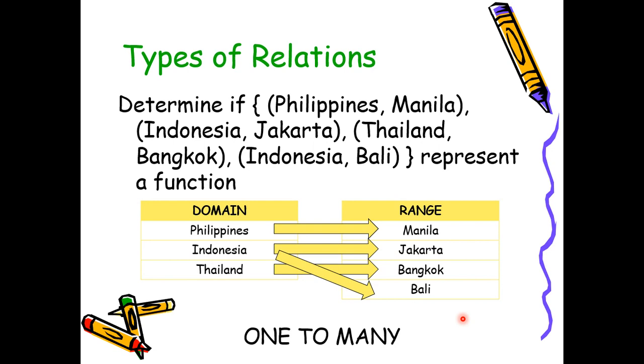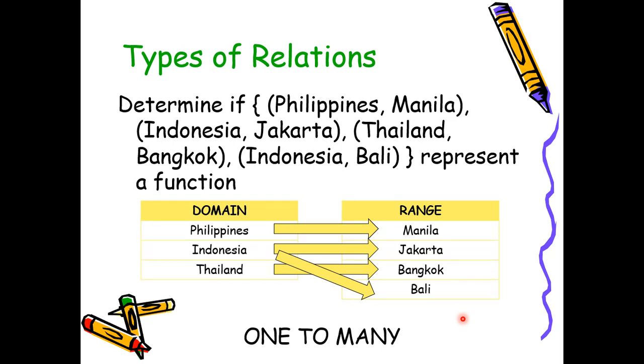Okay, kanina po, one-to-one, we can call it also a function. Simply because for each domain, meron lang siyang specific one range. Paano pa ganito yung scenario? Isang domain, dalawa yung range. Again, by the definition ng function, for each element in domain, there should be exactly one element in the range.